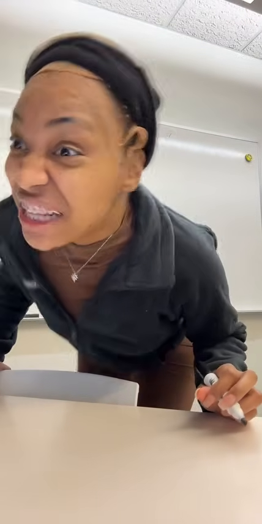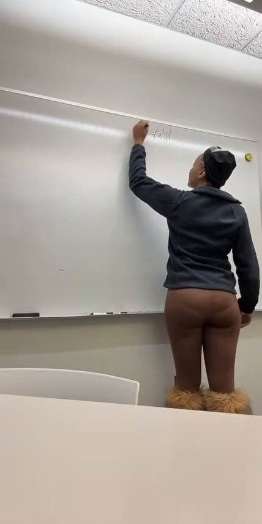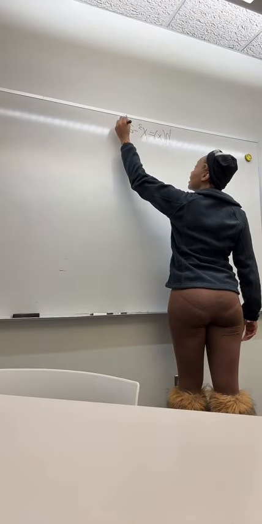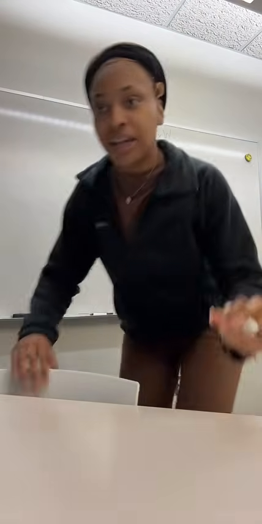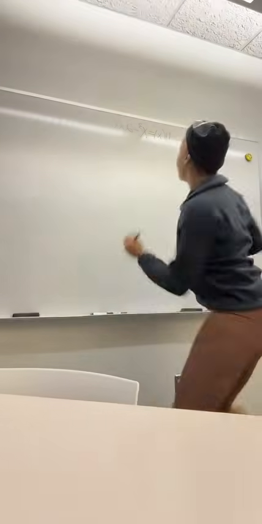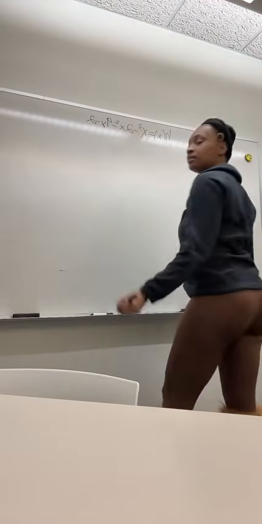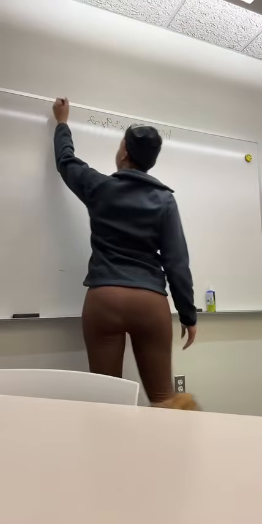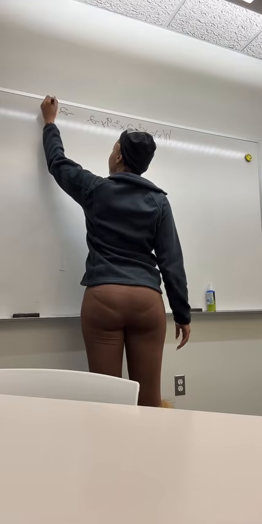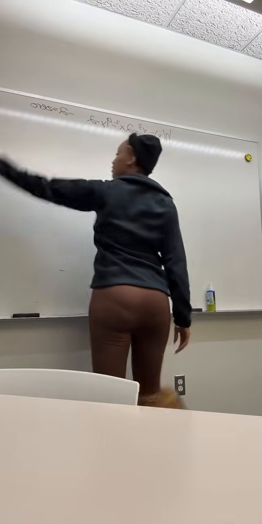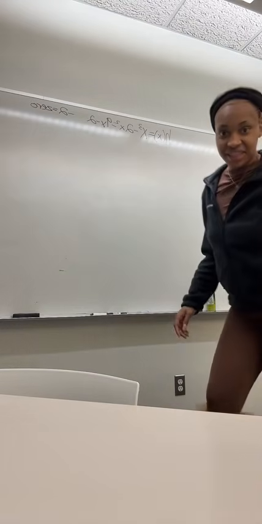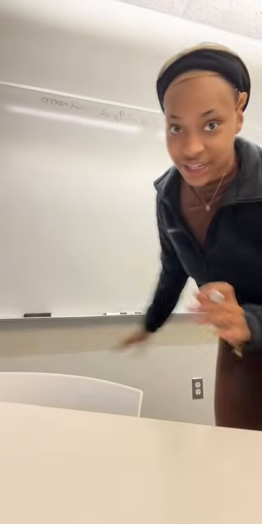X cubed minus 2x squared minus 9x minus 2. And negative 2 is a 0. Can y'all see? All right, make sure y'all learning. Okay.